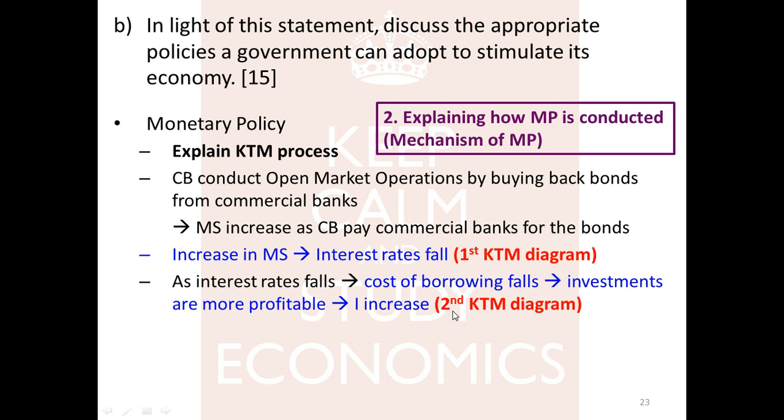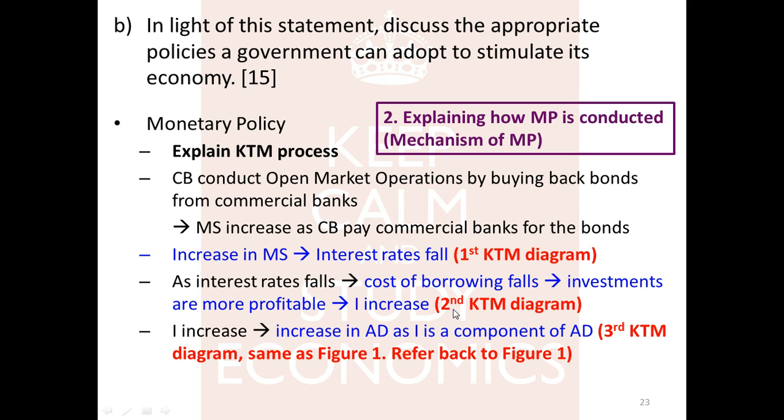This is your second Keynesian transmission diagram. Okay, and finally, when there is an increase in investments, it leads to an increase in AD. This is actually your third KTM diagram, but notice here that it is actually the same as figure 1. So you don't need to redraw the diagram, refer the marker back to figure 1. Okay.